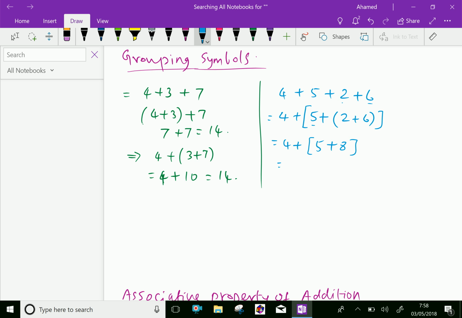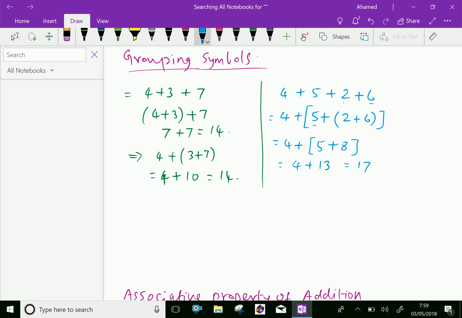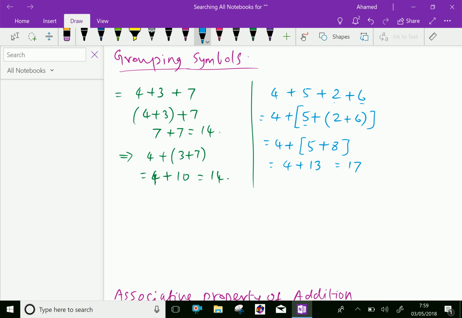Now we do the addition inside the square brackets, that is 5 plus 8 is 13. Now the groups are simplified and the final answer is 4 plus 13 is 17. Like that we can add 4 numbers, 5 numbers, by using different bracket groups.